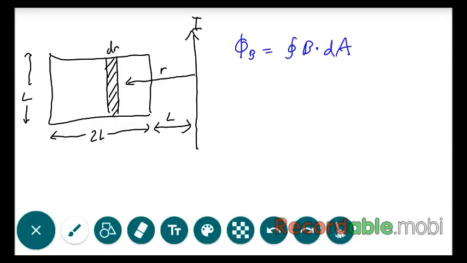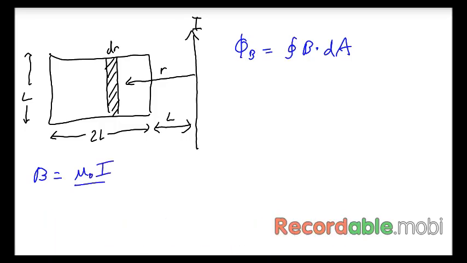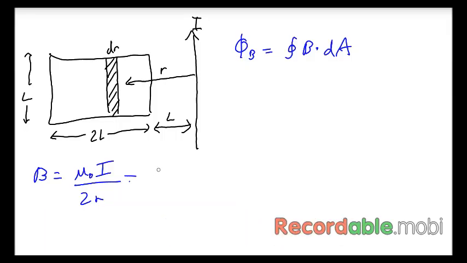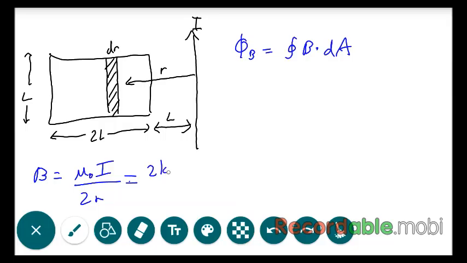If you recall from last chapter, B is equal to mu times current over 2 pi R. That's the magnetic field around an infinitely long wire at any point R away from that wire. And this can also be written as 2Ki over R.